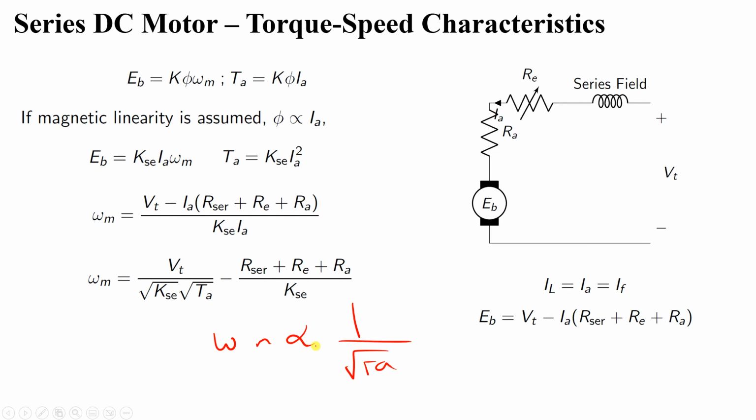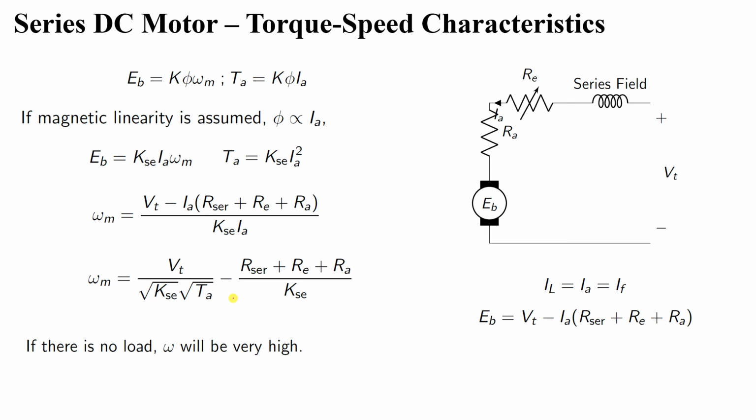So the relation, if you plot this figure, or before plotting, let's just say this is a very important part regarding the series DC motor, that if we don't have any kind of load, which means torque equal to 0, it means that V terminal over 0 gives us infinity, which means omega will be very, very large if we don't have any load.